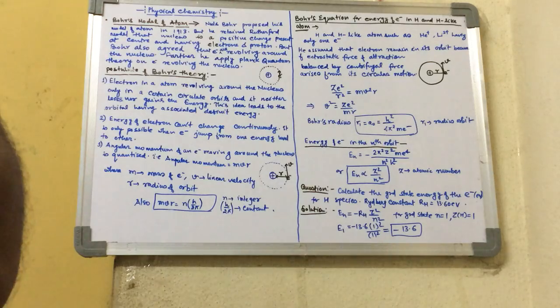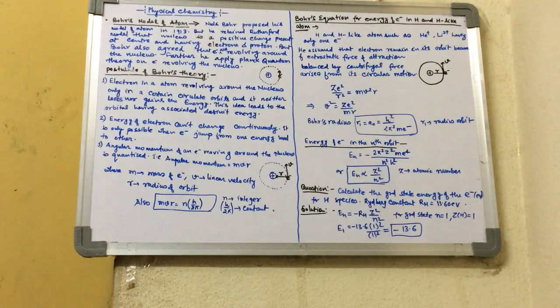The first postulate says the electron moves around the nucleus only in certain circular orbits, not any other orbit, and it will not gain or lose any energy, meaning the energy is constant.